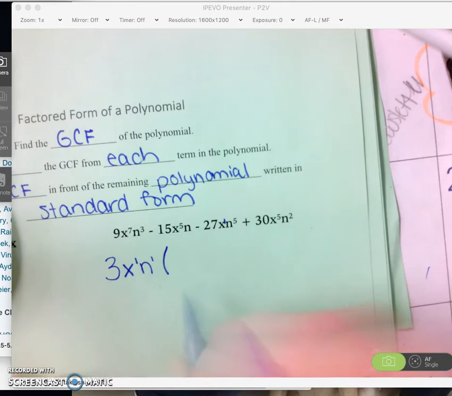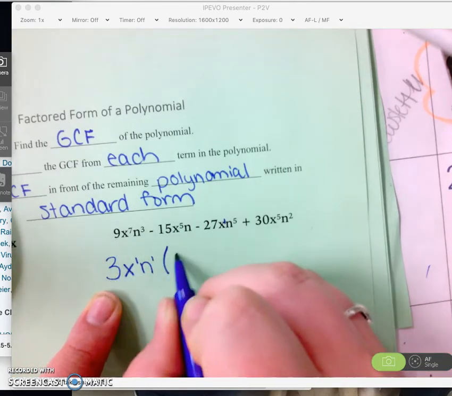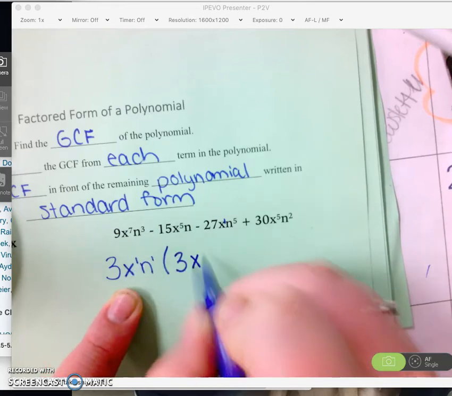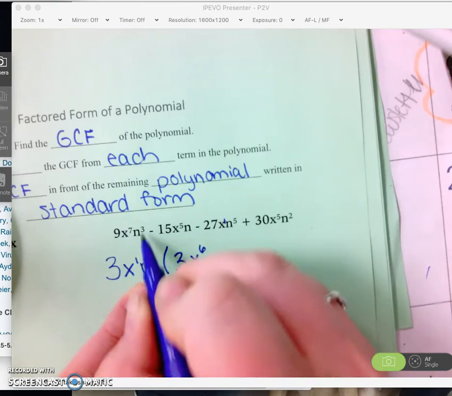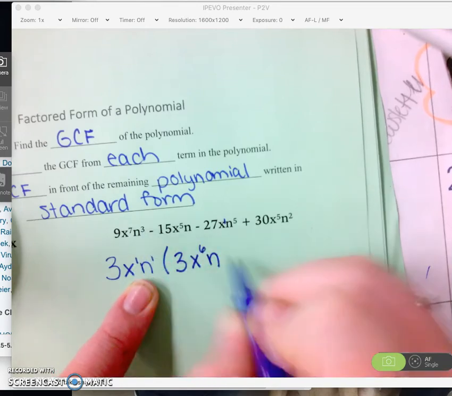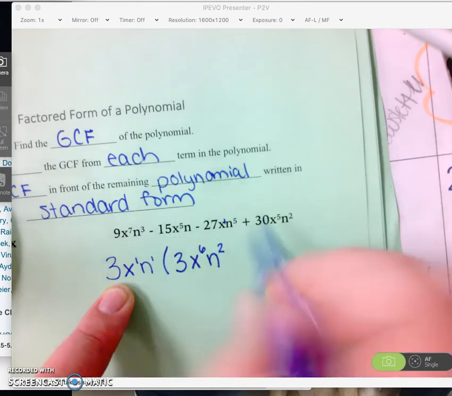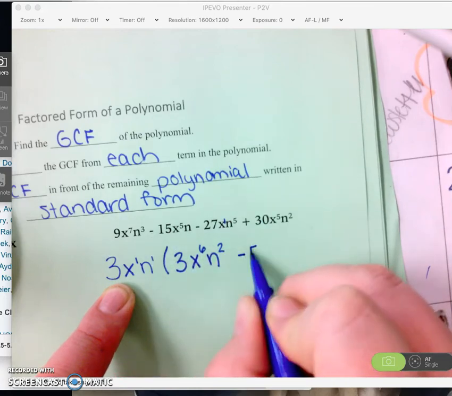So this one, remember you're going to divide 9 divided by 3, which is 3. X to the 7th divided by x would be x to the 6th. Remember, 7 minus 1. And then n, 3 minus 2. This one, negative 15 divided by 3 gets me a negative 5.